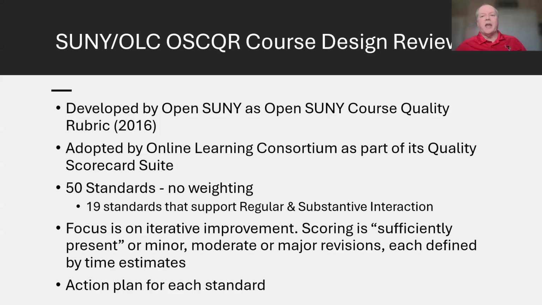There's no weighting of the standards. The standards are considered to be fairly equal. There are 19 of those standards, however, that directly support regular and substantive interaction. So if your focus is on RSI, this is your rubric.